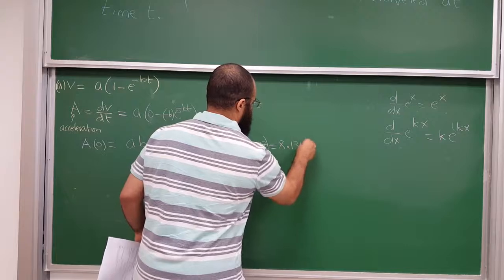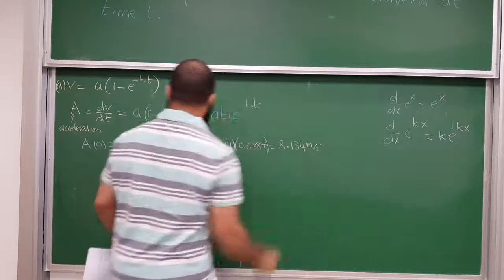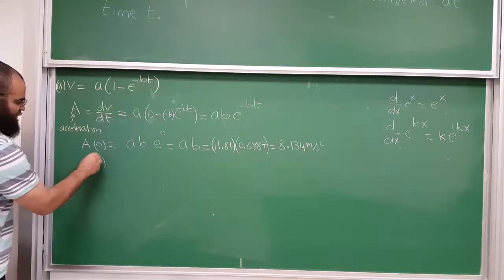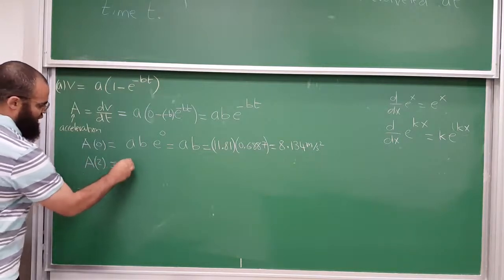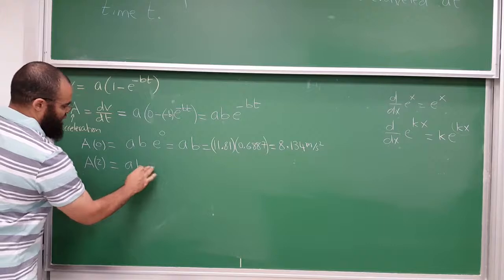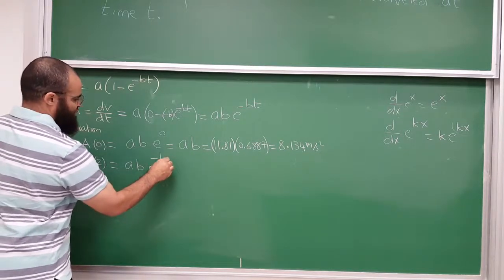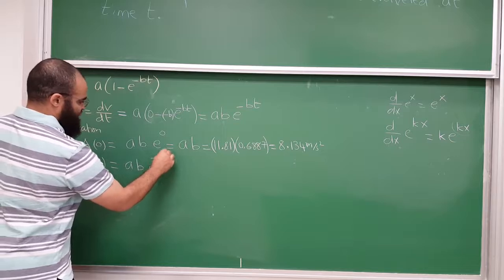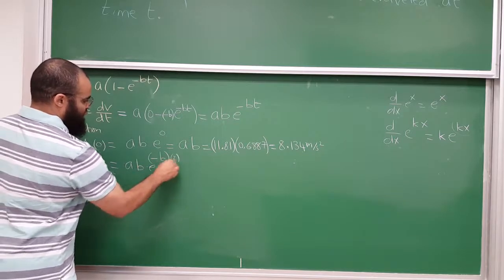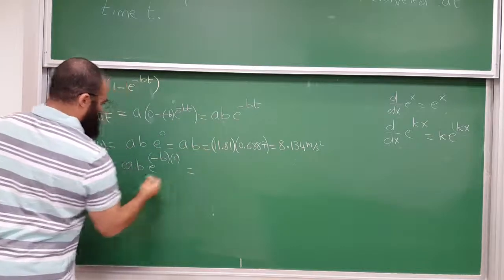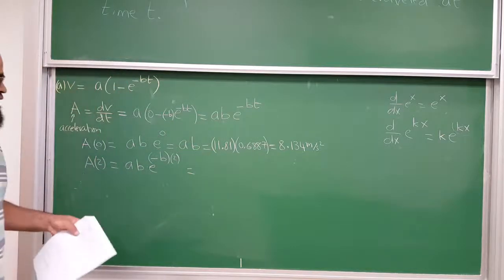8.134 meters per second squared. And then if you substitute 2 seconds, you will get a times b times e to the minus b times 2 times 2. You substitute 2 for t, and I will not. You should verify it yourself.